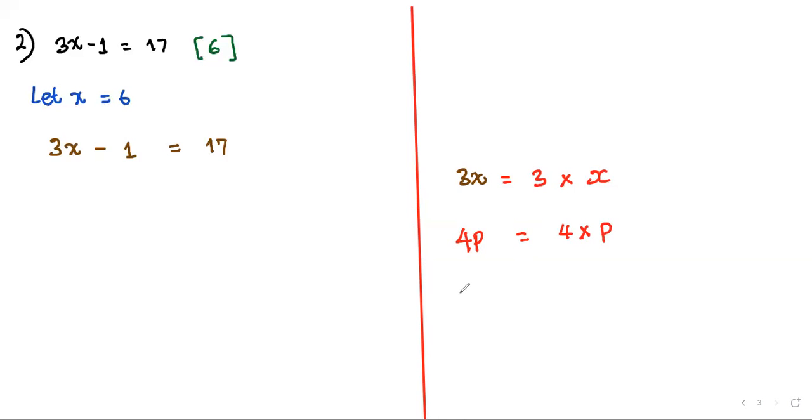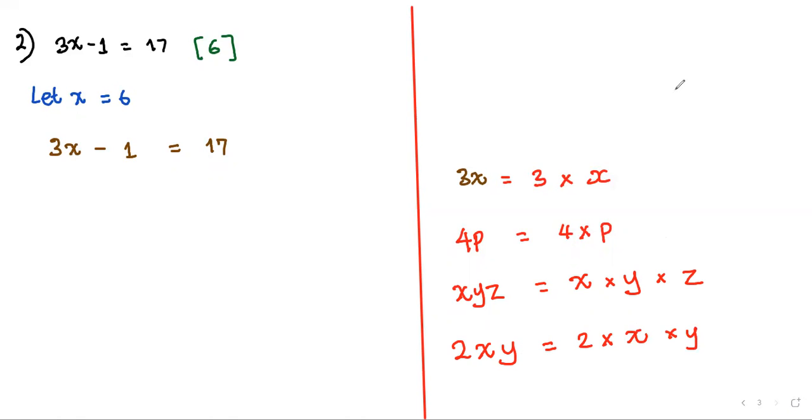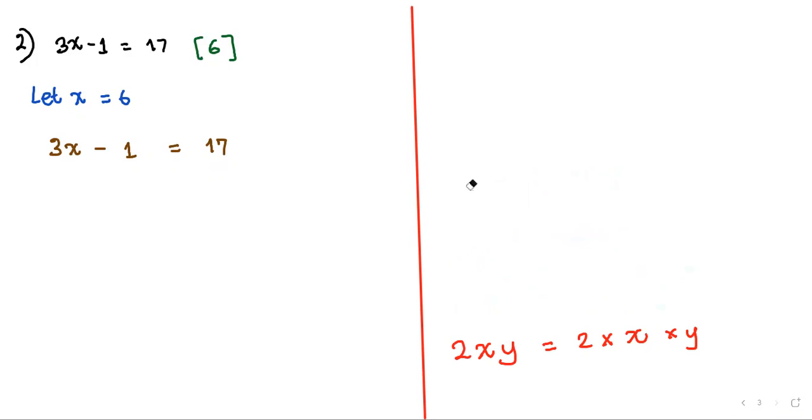If I have xyz, it means x times y times z. If I have 2xy, it means 2 times x times y. This is very, very important for you as we continue to learn about these equations. You have to know the meaning of this.